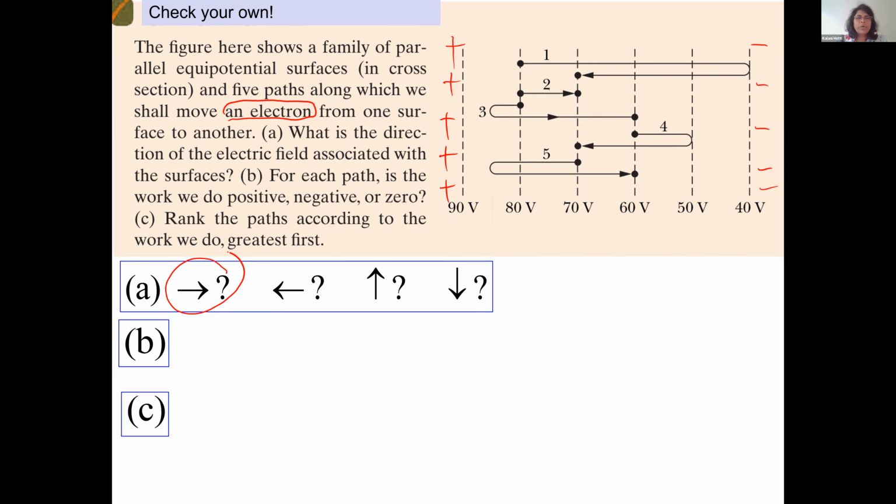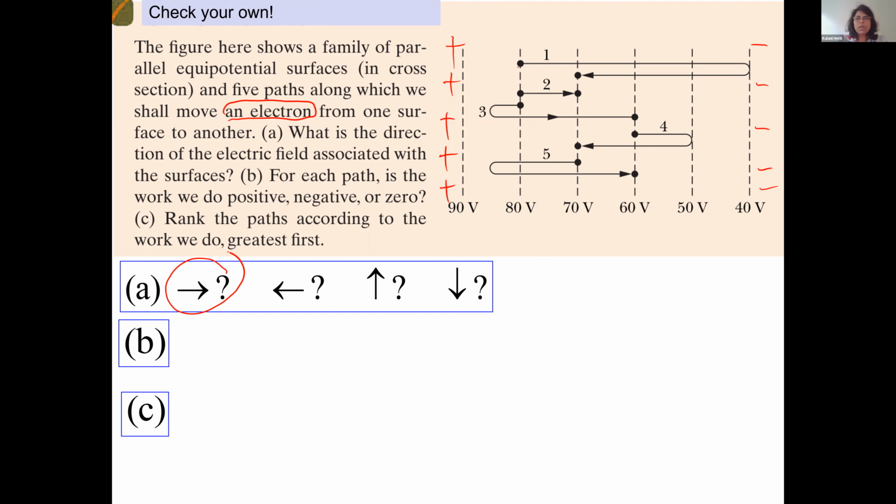Then B: for each path, is the work done positive, negative, or zero? So now you're going to move the negative charge particle along path 1.